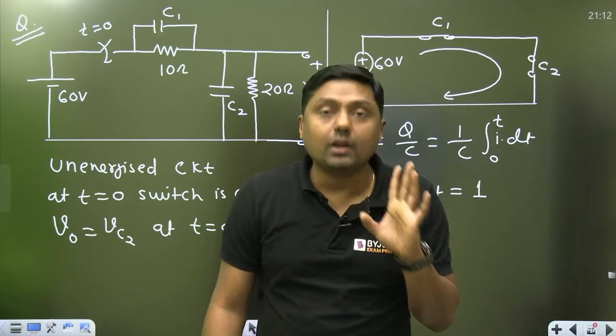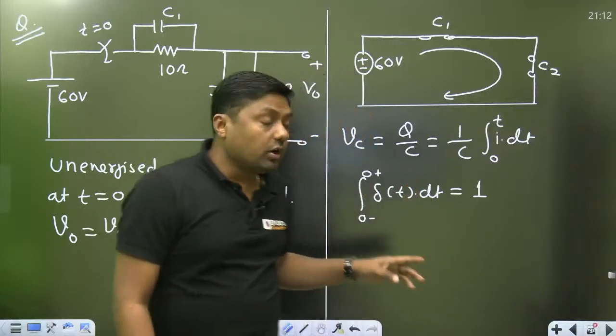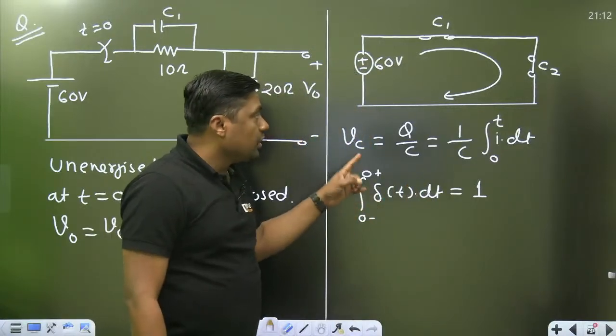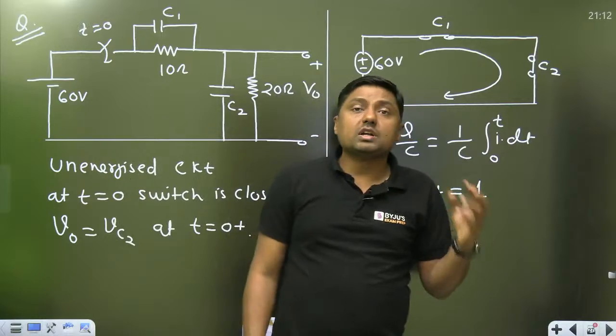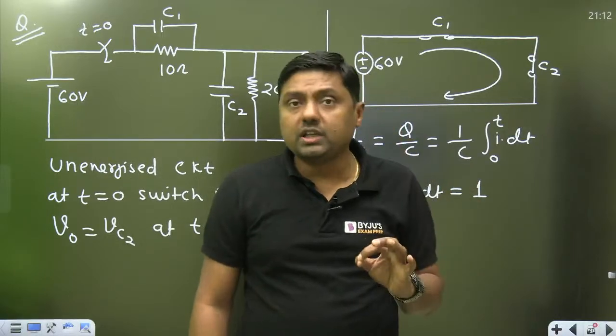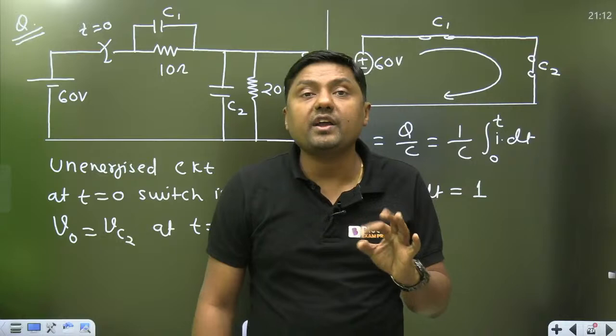It will give you a finite value. Yes or no? And what is the interval? Only 0 interval. So the capacitor will allow the sudden change of voltage in 0 interval if the current is infinite.